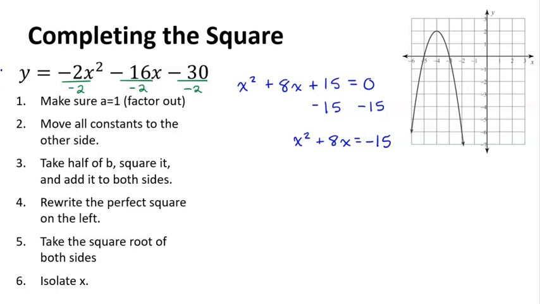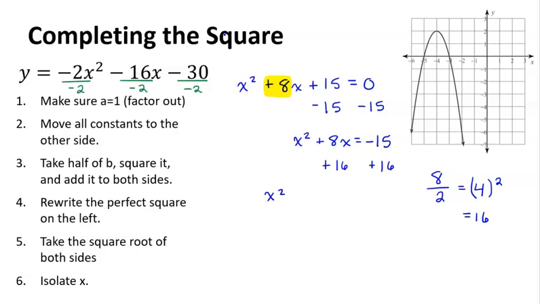And then we're going to do step 3. So I have b, which is 8. So we've got a positive 8 here, divided by 2 equals 4. Then I'm going to square that number and add it to both sides. So now I have plus 16 on both sides.